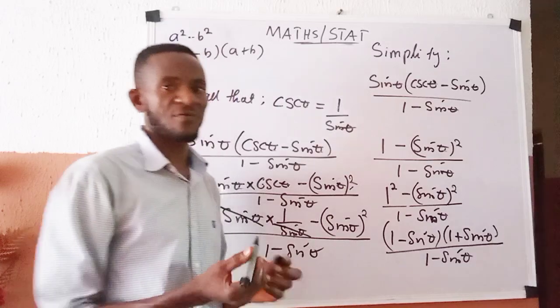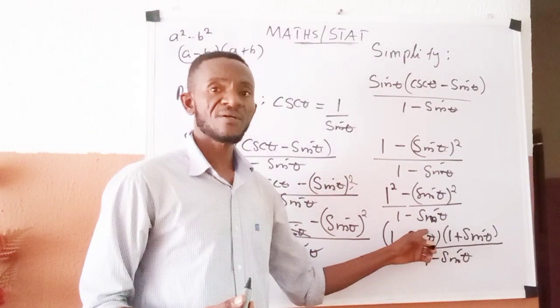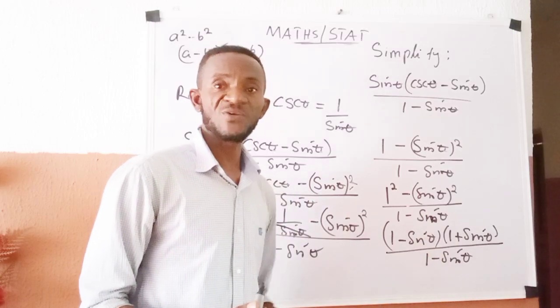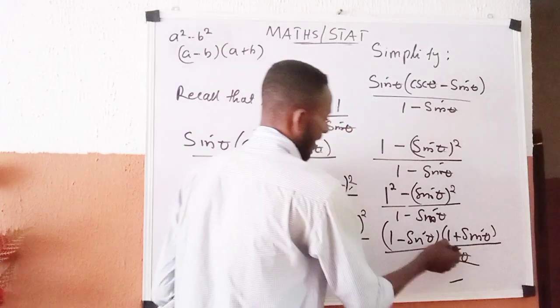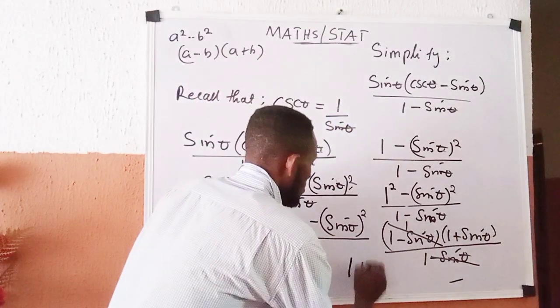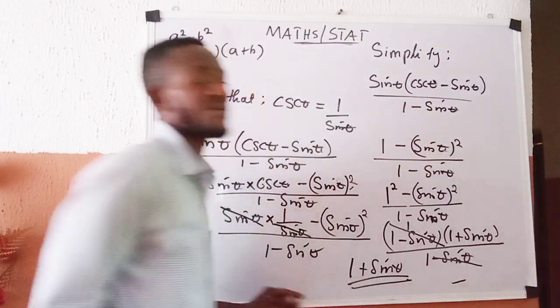There is 1 minus sine theta in the numerator and in the denominator, so both of them can go. I am left with 1 plus sine theta as the answer.